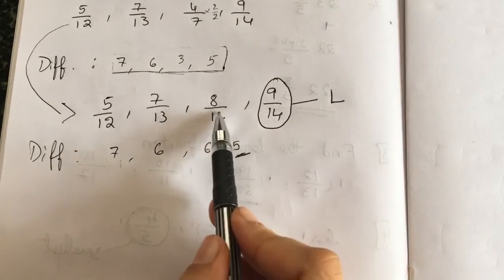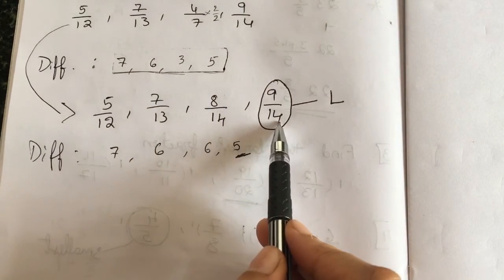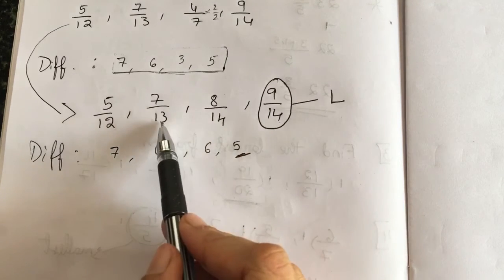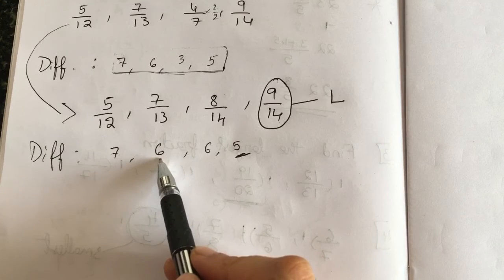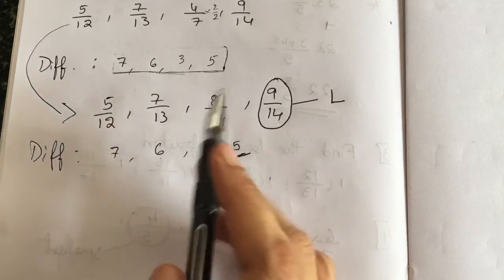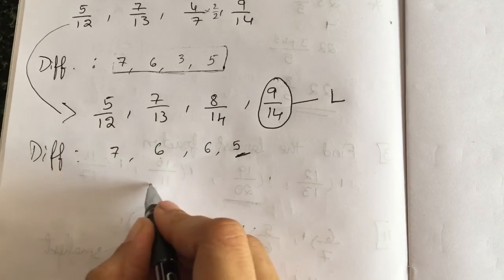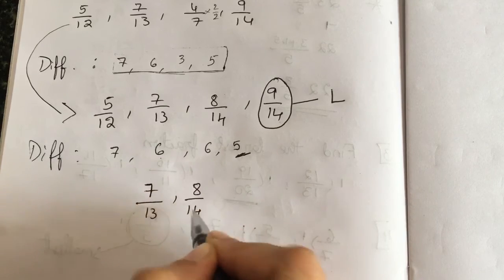So when I consider these two, this is the smallest one and this is the largest one. Now the thing is, I have to compare this with this. Difference is 6, second largest is asked, right? So this has got the difference 6. Now I have to compare among these two, 7 by 13 and 8 by 14.